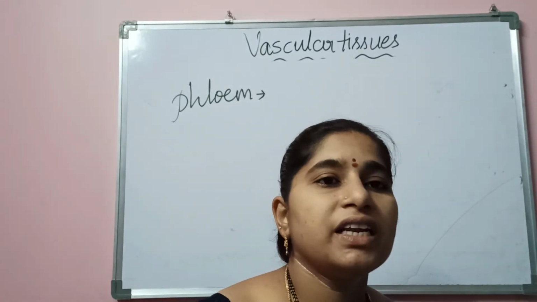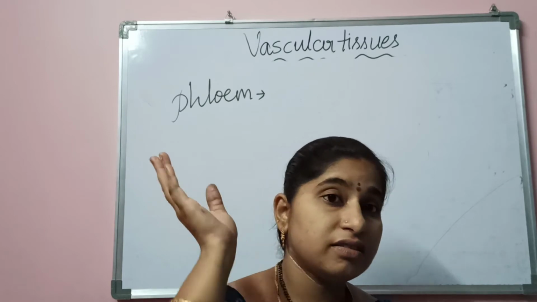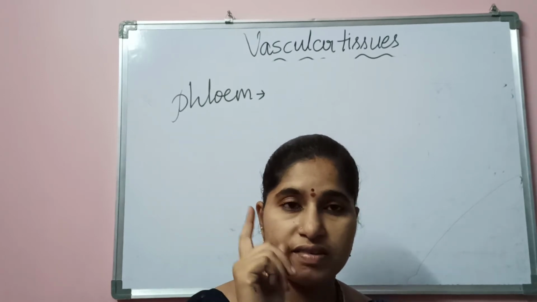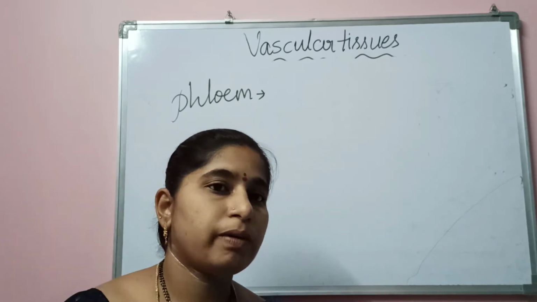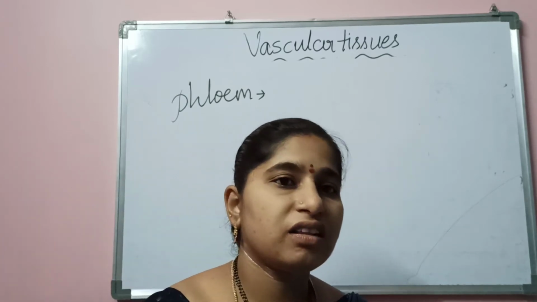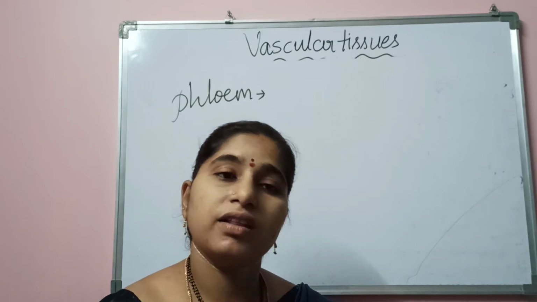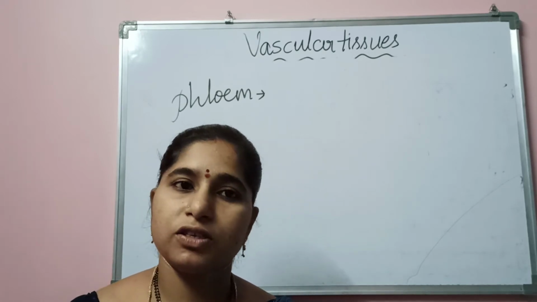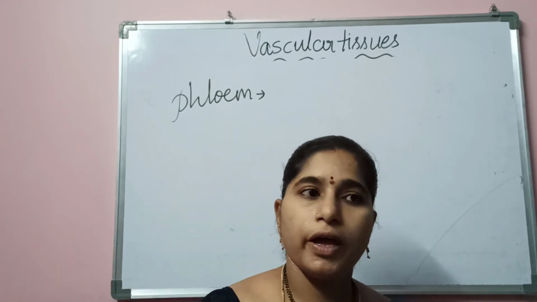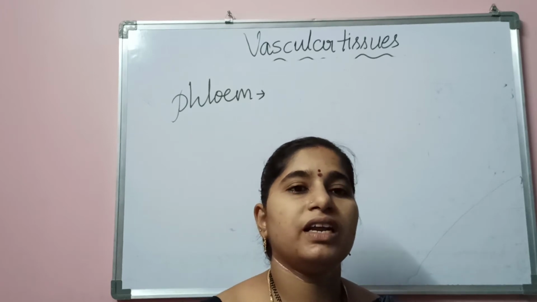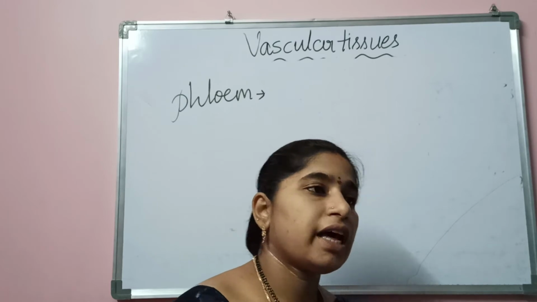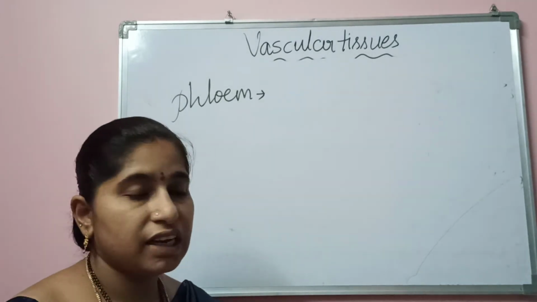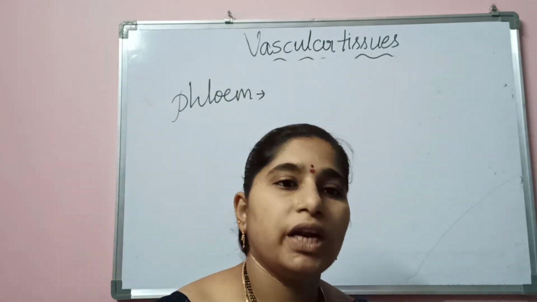Here is one point you have to remember: the xylem direction is unidirectional, whereas the phloem direction is bidirectional, because no one other than the root will be absorbing the water from the soil. But the leaves prepare the food material, and it has to be passed all over the parts of the body. That's why the direction of the phloem is bidirectional, whereas the direction of the xylem is unidirectional.